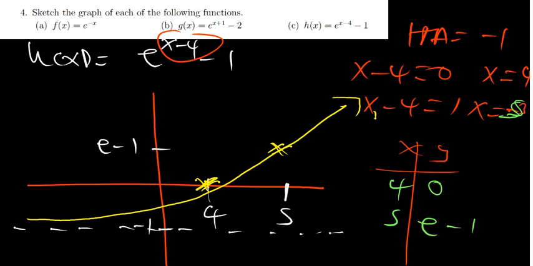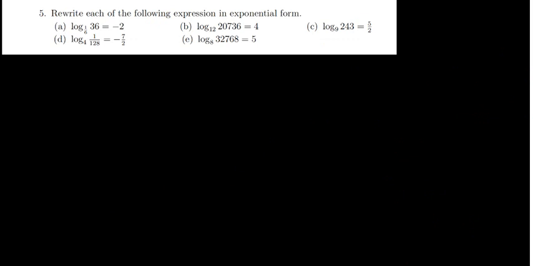So that is it for question 4. Now let's see how we can solve question 5. Question 5 says, rewrite each of the following expressions in exponential form. Now how do we write from log to exponential? The first one is log base 1 over 6 of 36 is equal to -2.